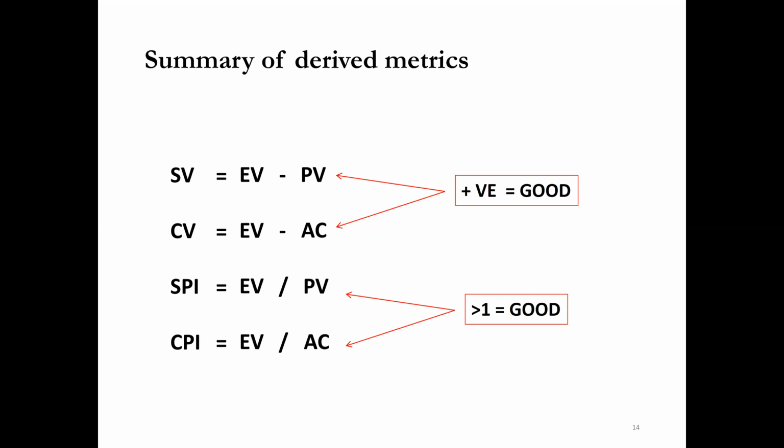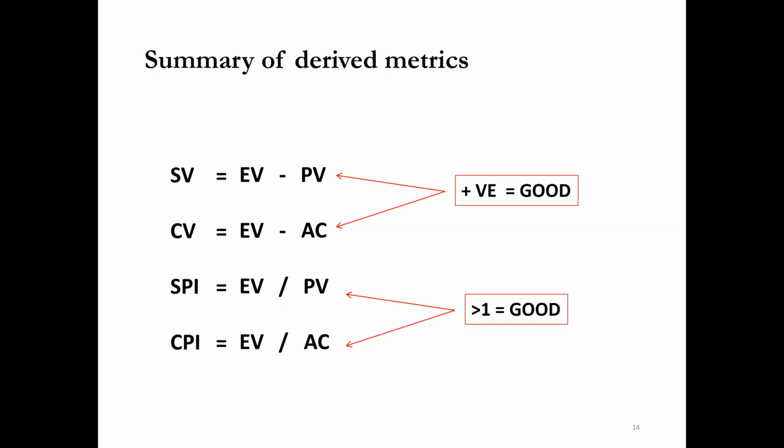Cost performance index is EV over AC. So for schedule, EV minus PV. For cost, EV minus AC. Similarly, SPI is EV over PV, and CPI is EV over AC.